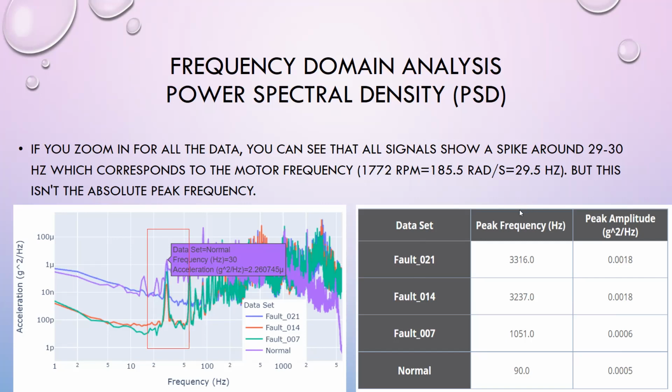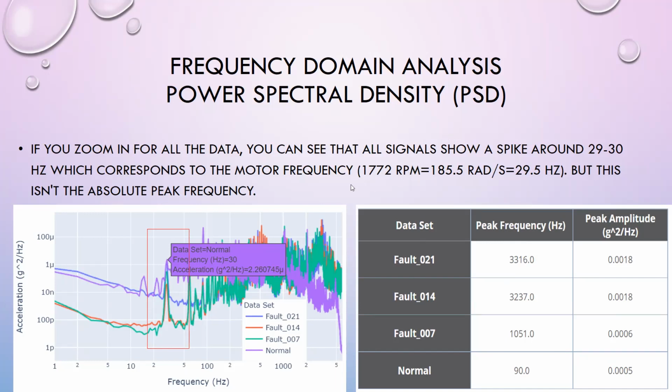But as I told you, usually we use the time domain analysis for the condition-based monitoring, and we use the frequency analysis to extract the characteristics of the system. Here you can see that, for example, for the system with normal bearing, the frequency is 90 hertz. So easily you can calculate the frequency of your system.